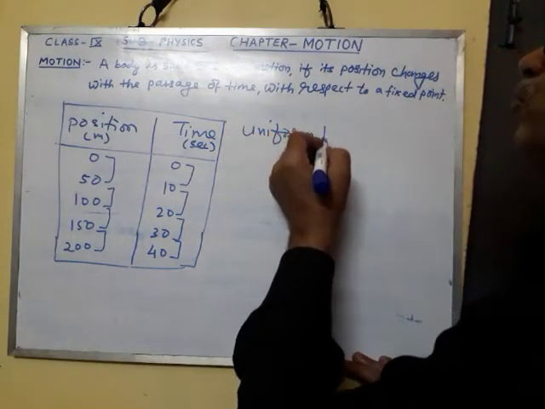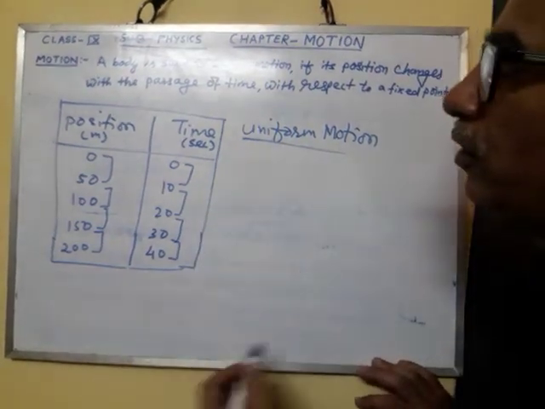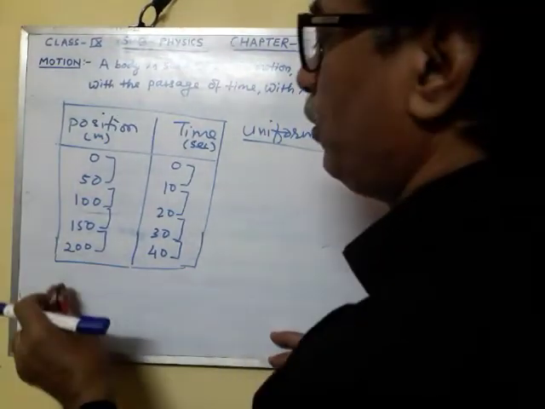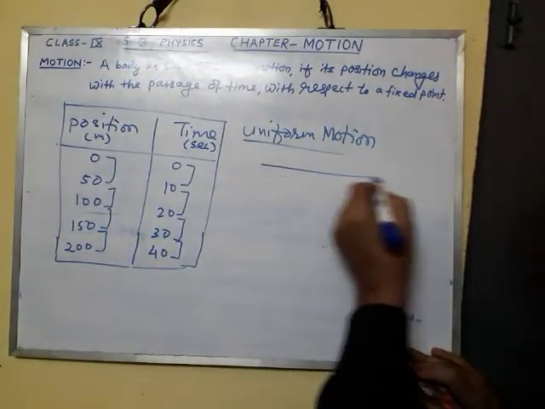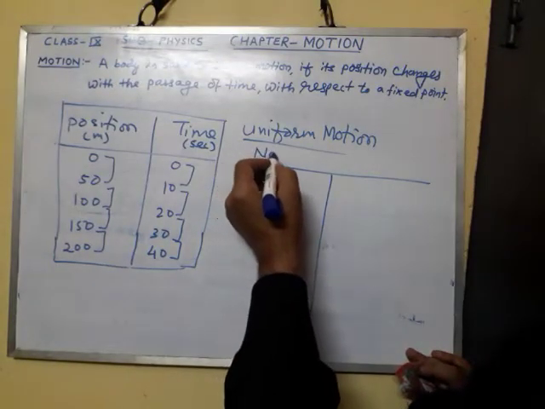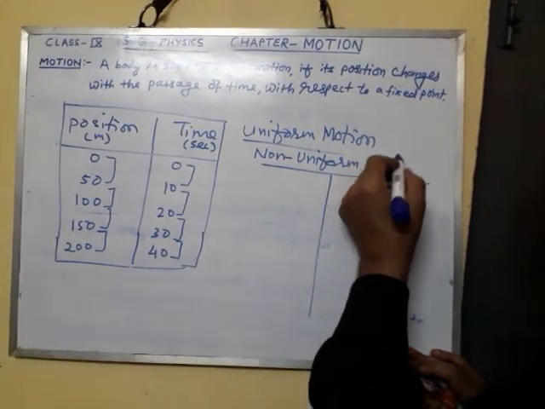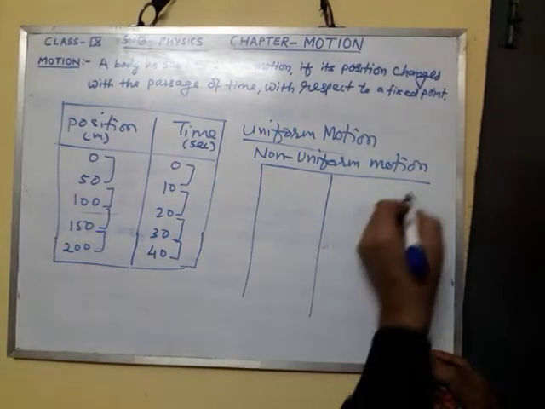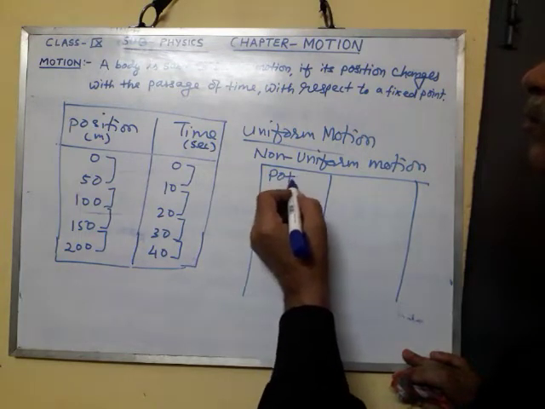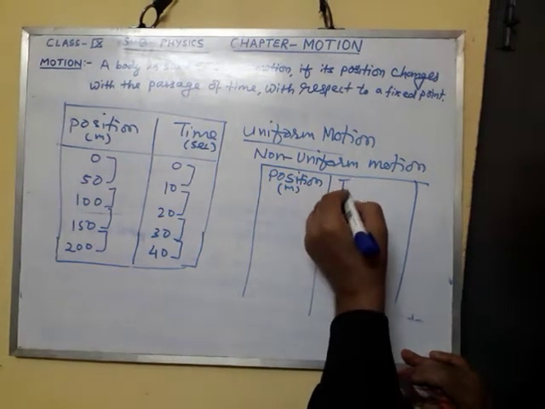Now take another example of non-uniform motion. Position in meters, time in seconds.